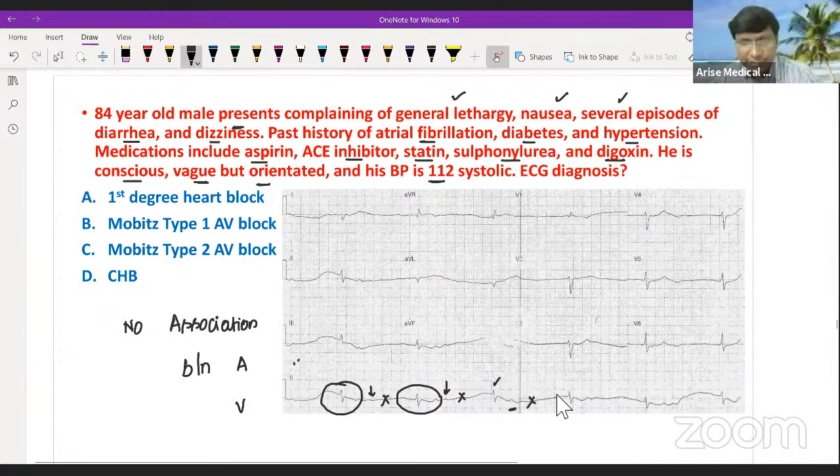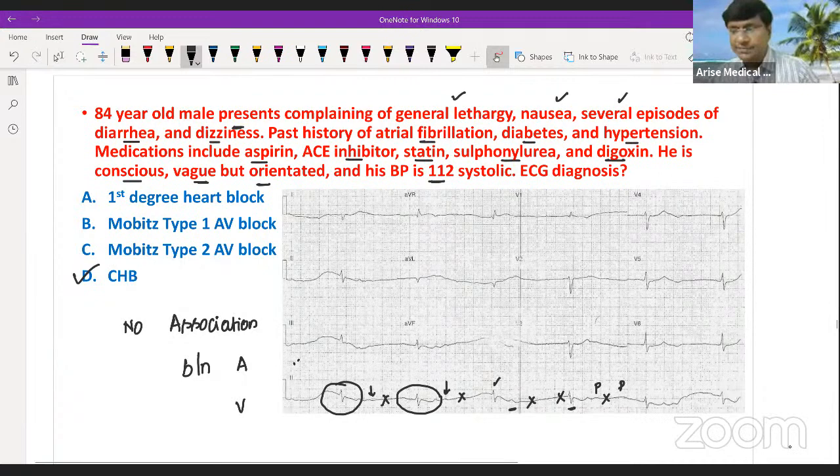Here also, and here there is no P wave at all, but you have the QRS complex. And here you have P wave, but no QRS complex in between. So there is complete AV dissociation, and that is suggestive of complete heart block.